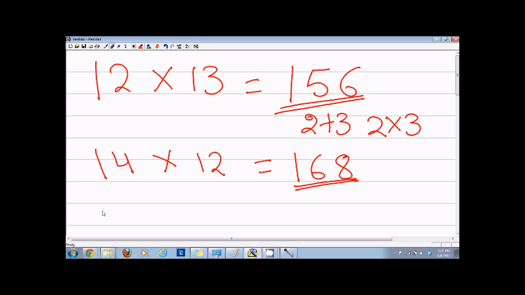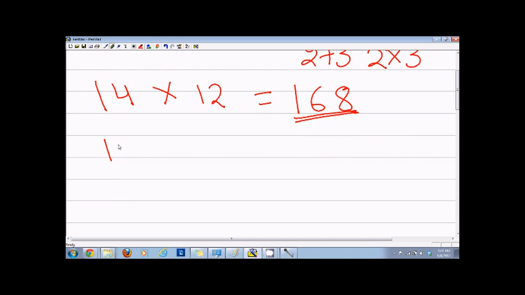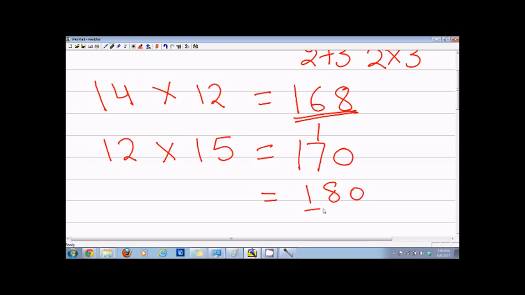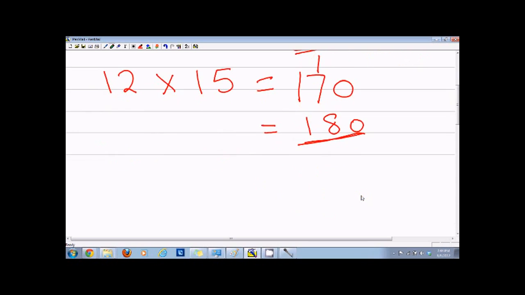For example, if I have 12 and I want to multiply by 15, in this case I will write 1 and then I say 5 plus 2 is 7, but 5 into 2 is 10, so I will write 0 here and I have to take 1 as a carry, so the answer will be 180. So this is a little trick that you need to remember for doing this kind of multiplication.